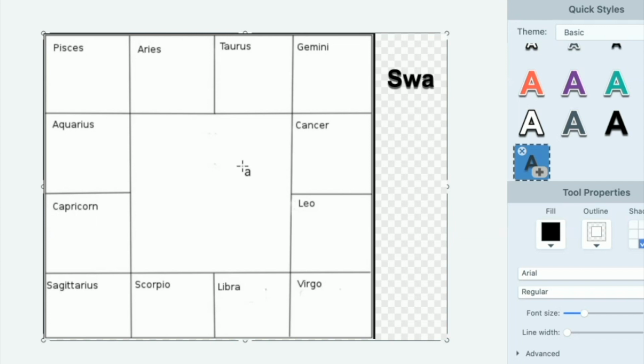Mars is a fiery planet. Mars is driven. Mars has energy. Mars has a lot of passion and drive and desire, strong desire. They will use that strong, passionate drivenness of Mars in career or in their work.